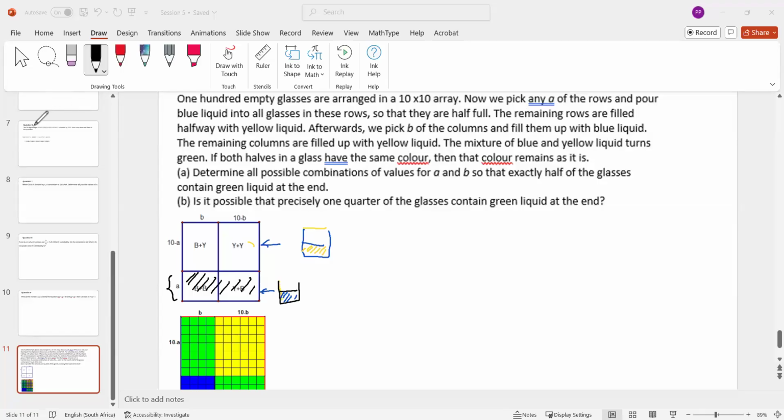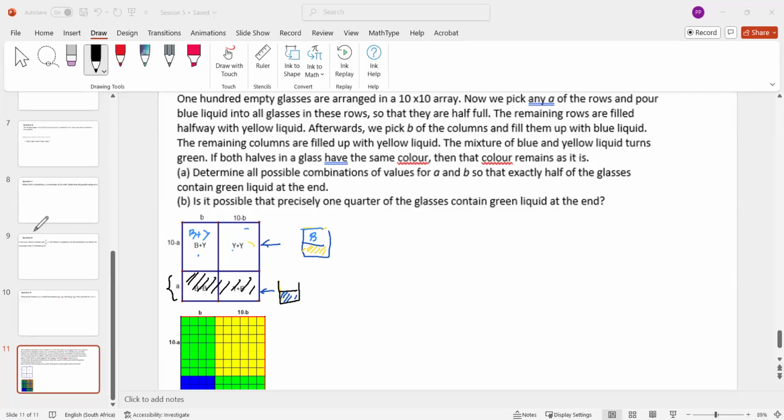So here I've got B plus Y. Here I had Y, but I didn't put anything. The remaining columns are filled with yellow liquid. So these remaining columns have got yellow liquid. So I got Y plus Y. Like that now, I've got B plus Y. This is a mixture of B and Y. This has got Y and Y twice.